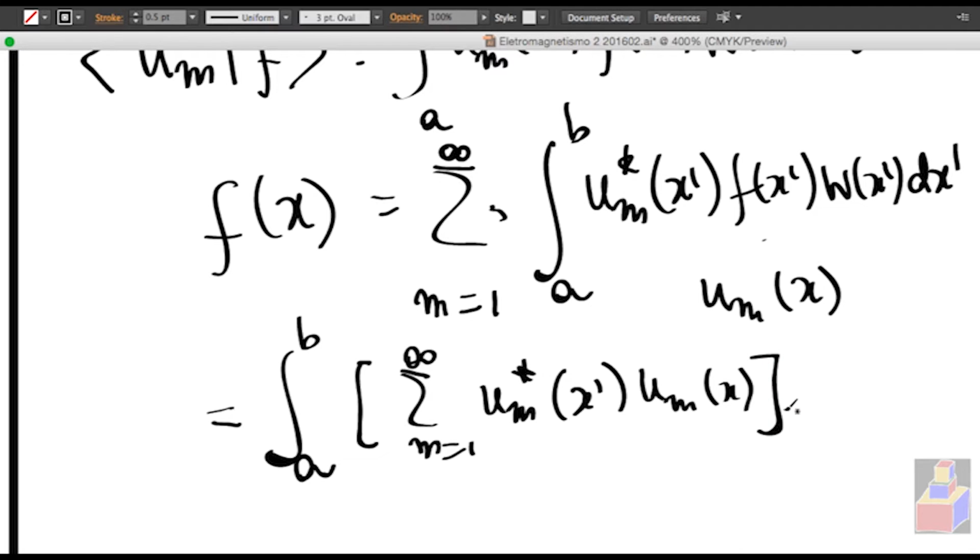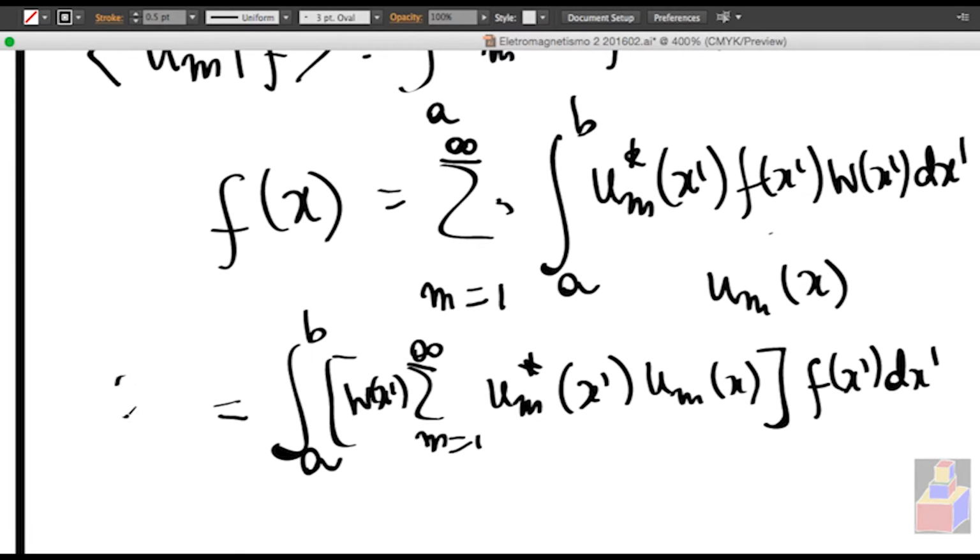Then you have, let me put the double x prime here. I forgot the double x prime. So I have double x prime, you have this sum here, then f of x prime, which is here, dx prime, okay?